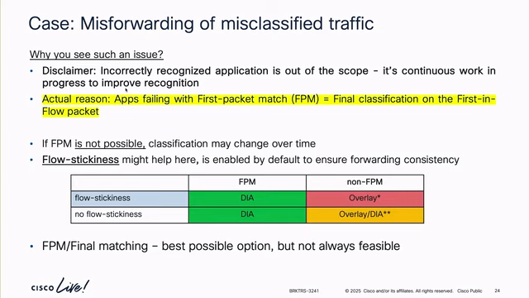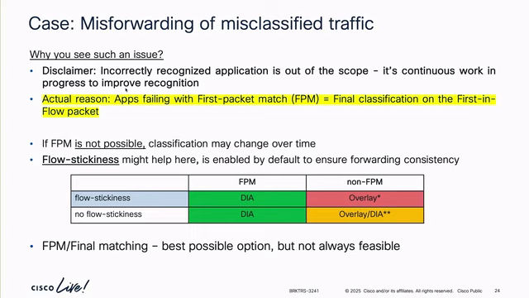So not every application can be recognized with the very first packet. That's the holy grail of application recognition, to recognize every existing application with the very first packet. But unfortunately, this is not possible.